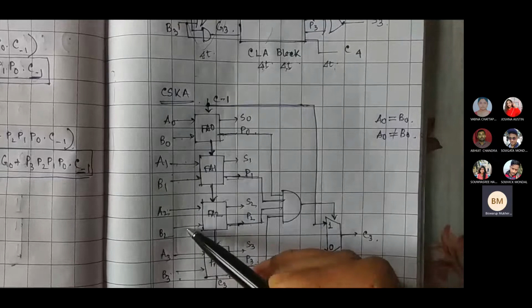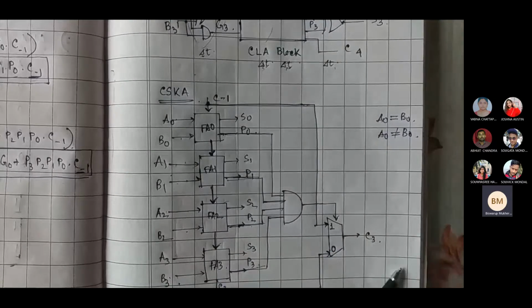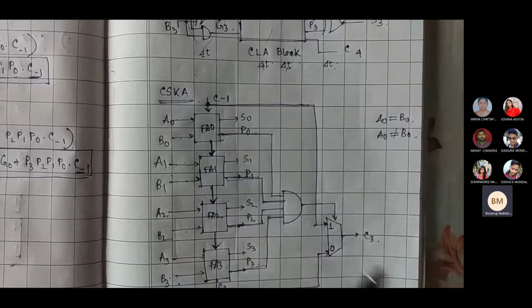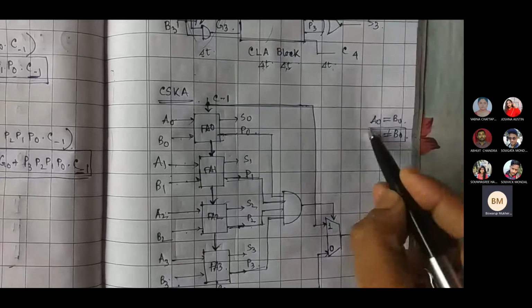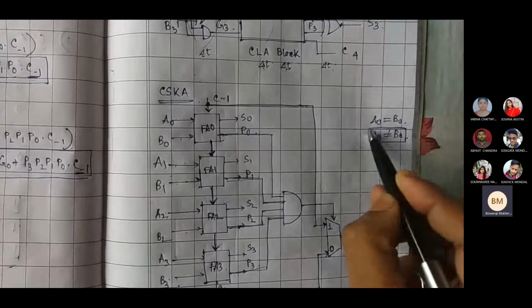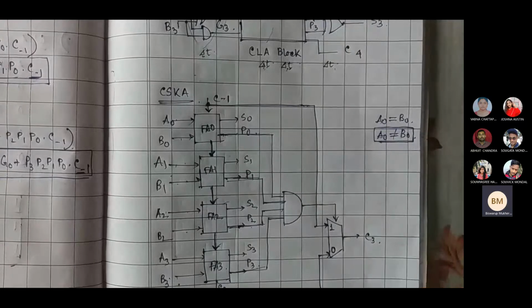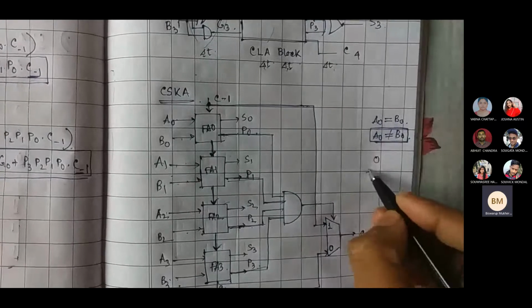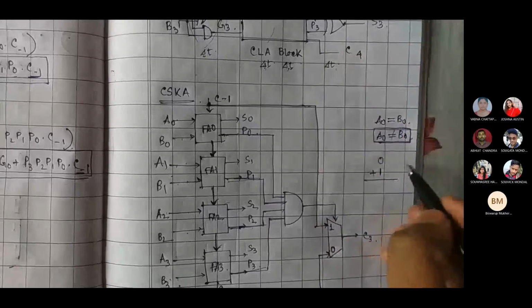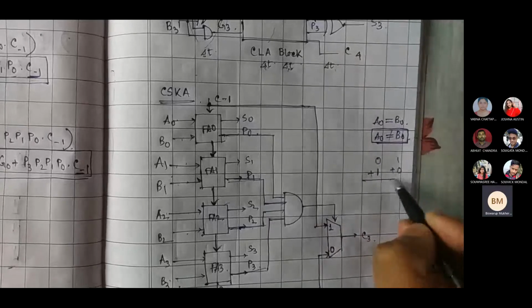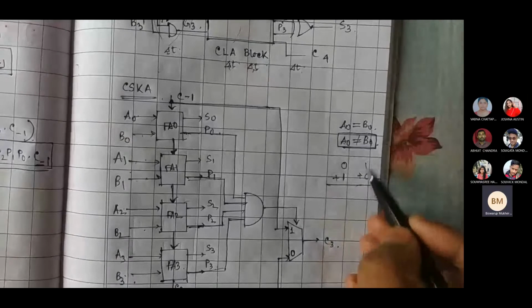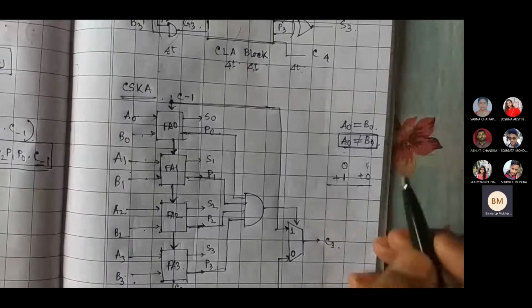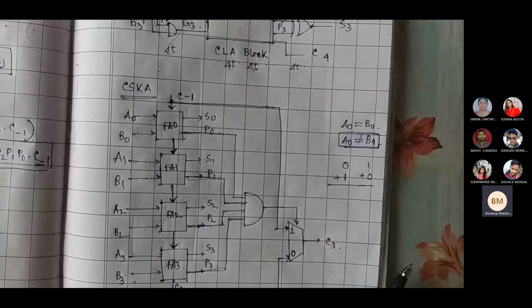Similarly A2 B2 are not equal, and so on. If these two are not equal, what can happen? Either 0 plus 1 or 1 plus 0, right?